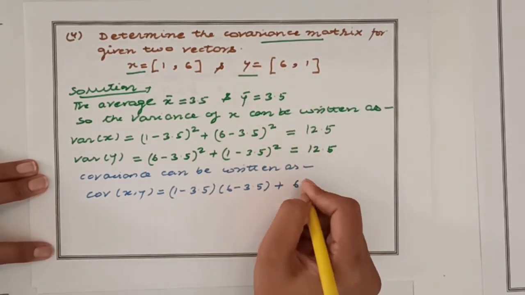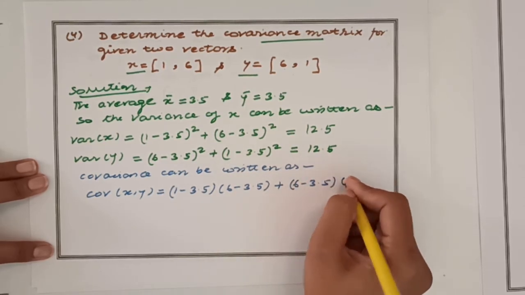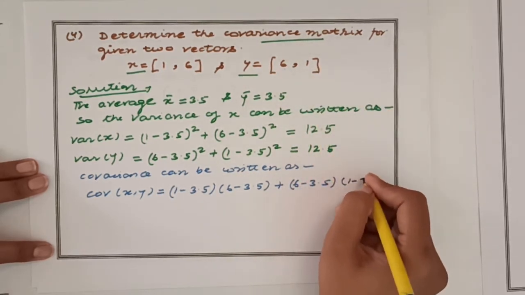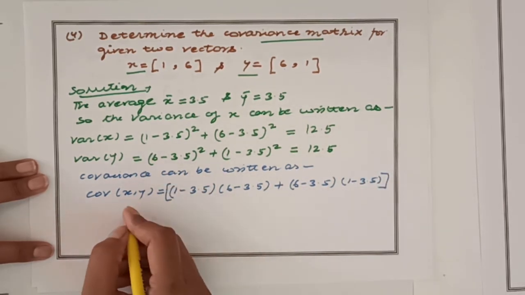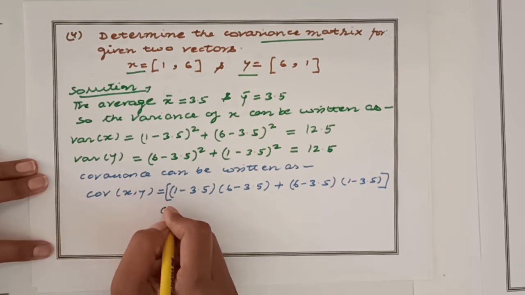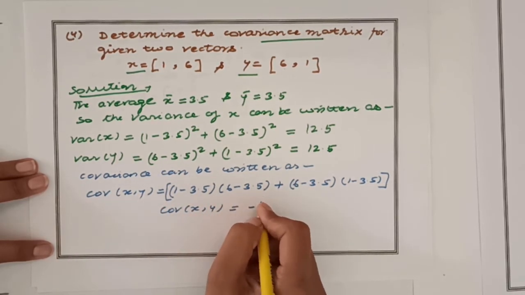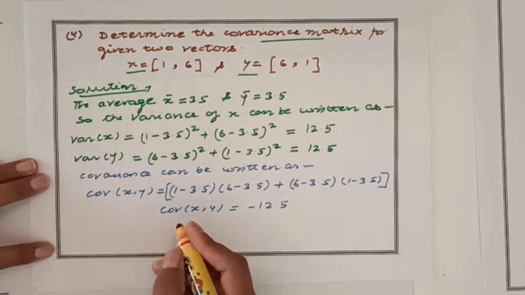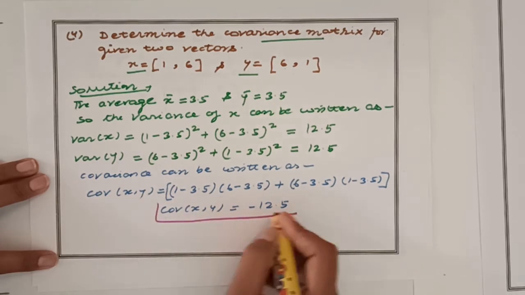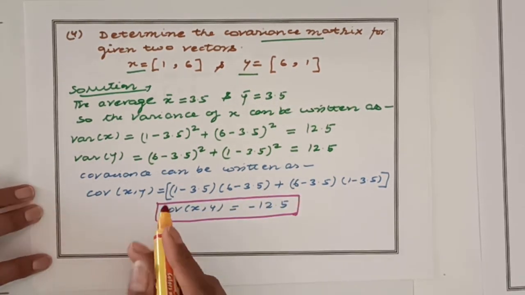For y, the first component is 6 minus 3.5 and the next component is 1 minus 3.5. Simplify it, you will be getting this term as minus 12.5. So this is the way to calculate the covariance.